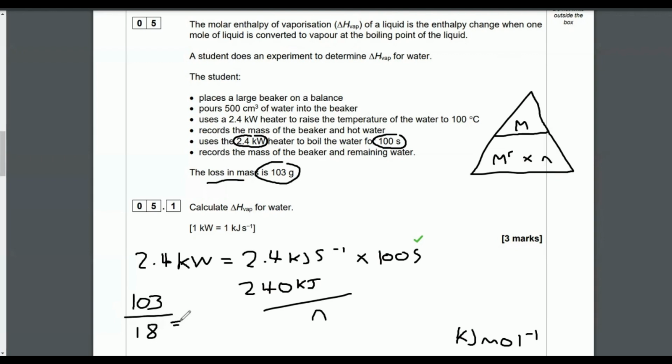That's 5 something, my maths isn't good enough to work that out without a calculator. 5.72 recurring. So we've got 5.72 moles of water that have been lost. So what I want to do is 240 divided by 5.72, and that should give me my answer in kilojoules per mole.